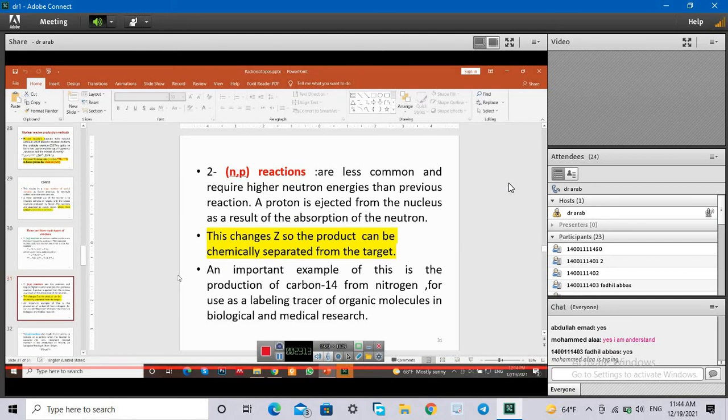As you can see, with capturing a neutron into the nucleus and ejecting one proton, the proton number of the produced radioactive daughter is different from the proton number of the mother. In this situation, we can easily separate the produced radioactive daughter from the mother, and we can produce high chemical purity radioactive material.